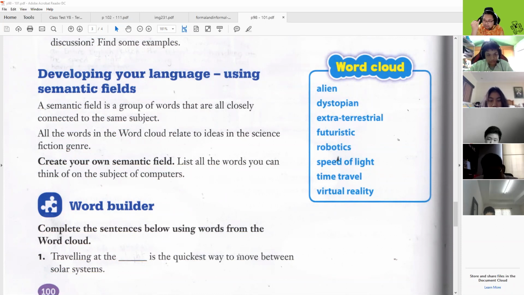For example, if you talk about science fiction, usually you will find the words alien, dystopian, extraterrestrial, futuristic, robot, time travel, virtual reality, space, laser.